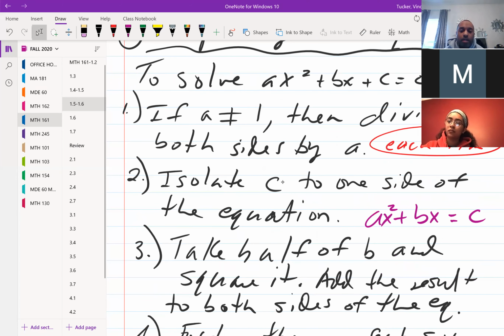Step 3, take half of b and square it. Then we're going to add that result to both sides of the equation. All right.